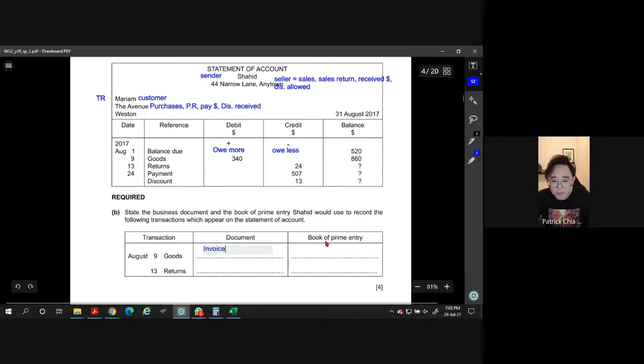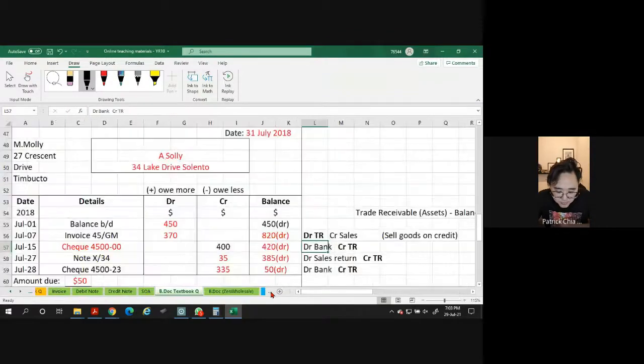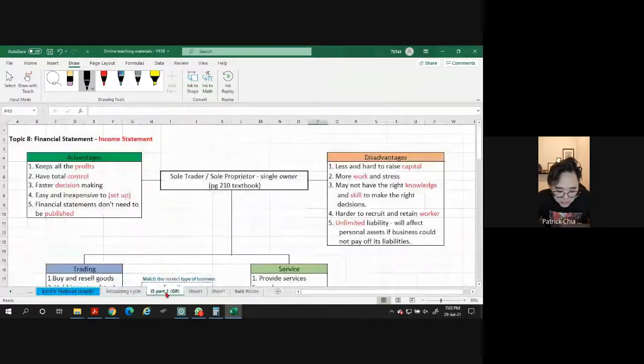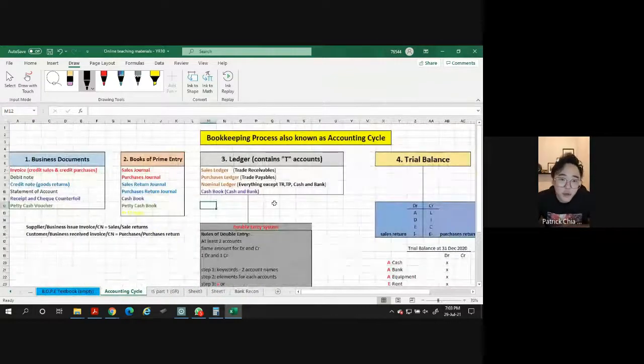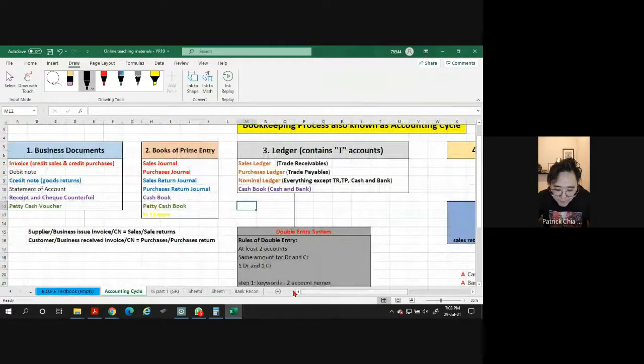And which books of prime entry do we use to record invoice? So you have two choices here. Okay. All right, accounting cycle. Okay, if you guys want, you can use these notes as a reference so that you can quickly recap. So which document you record in which books of prime entry. So I already color coded it.